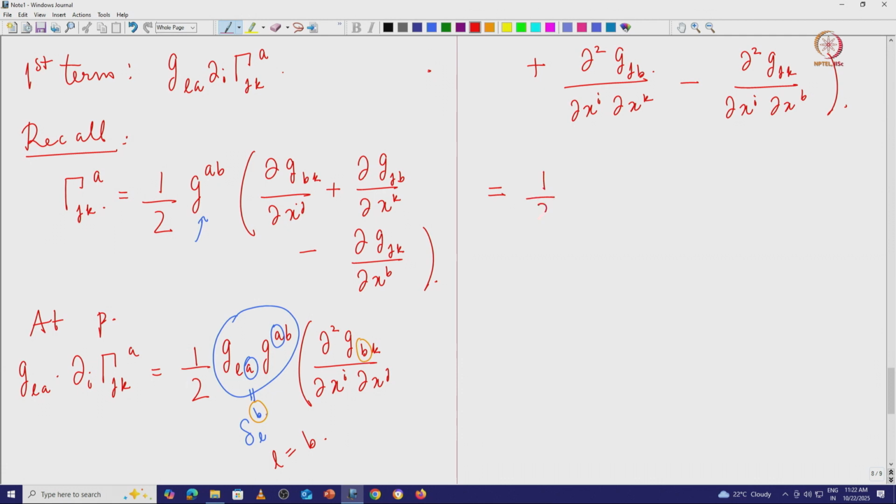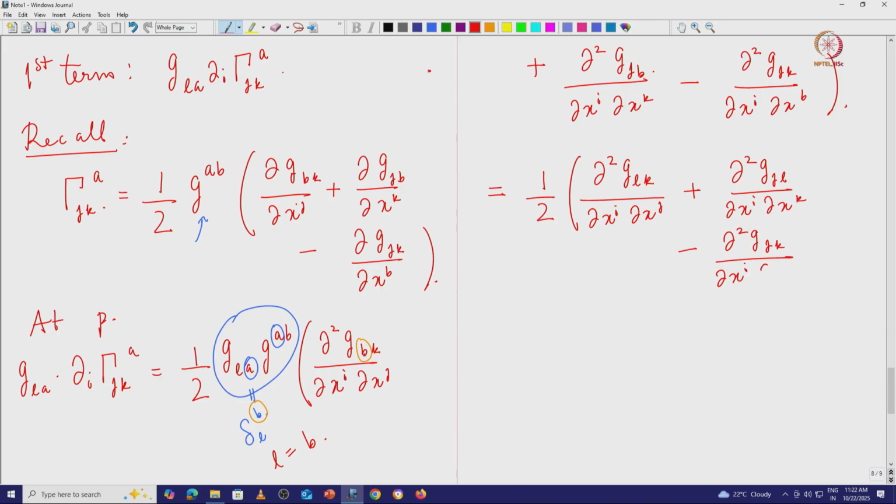This is equal to half, and wherever you find B, you replace that with an L. Okay, so that's our formula for this term.